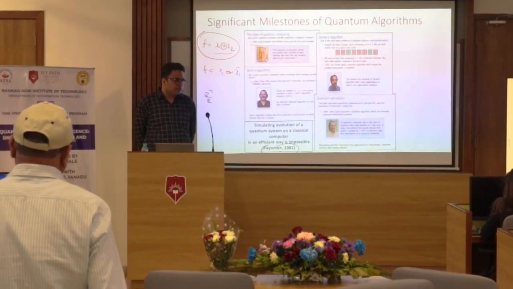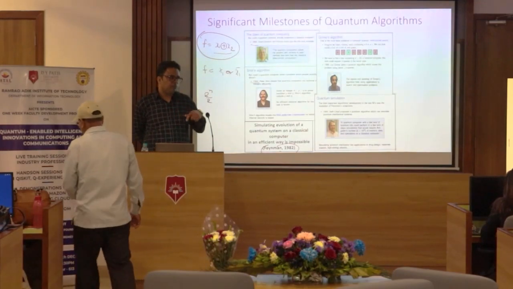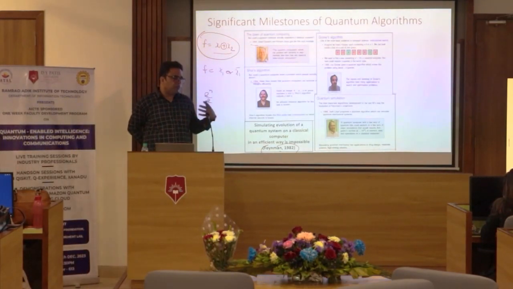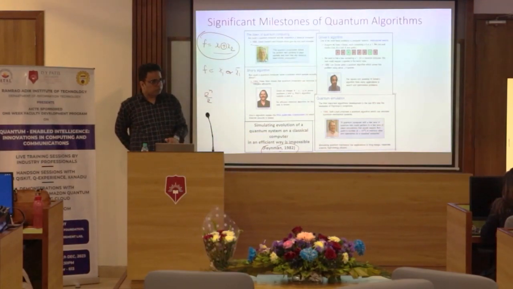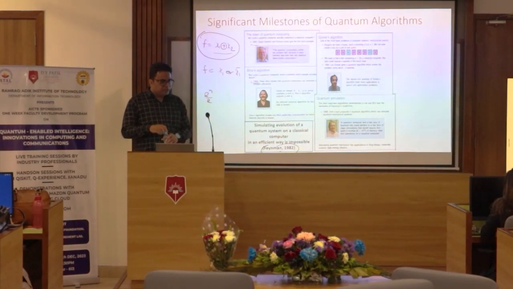But in the case of quantum, you need to just increase 1 qubit. While classically you will need double the memory and double the processing resources. So quantum simulations can be done easily on a quantum computer. That is a very promising application of quantum computers.